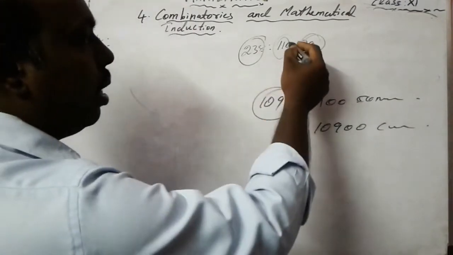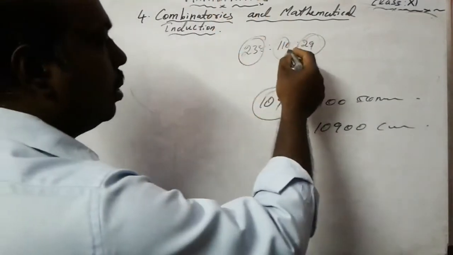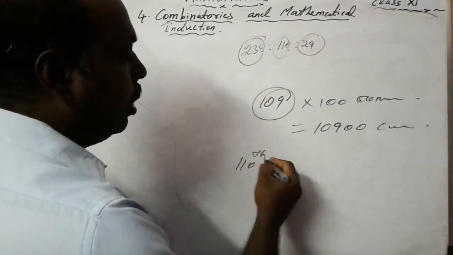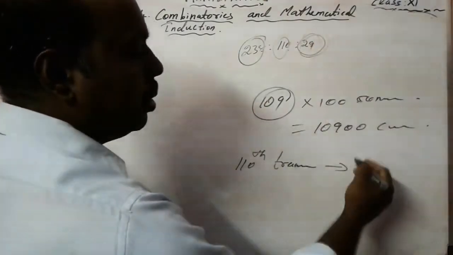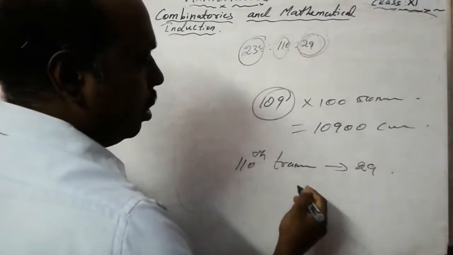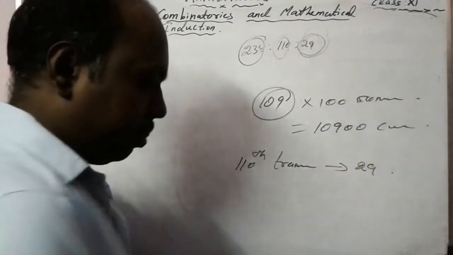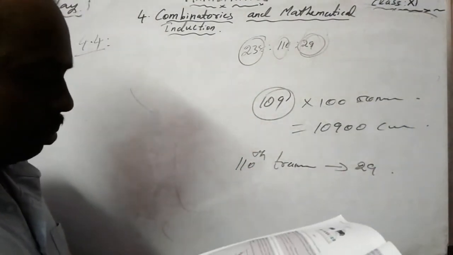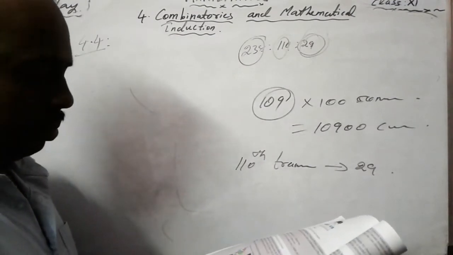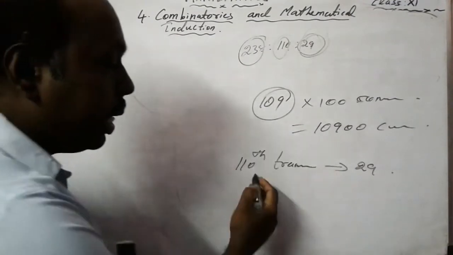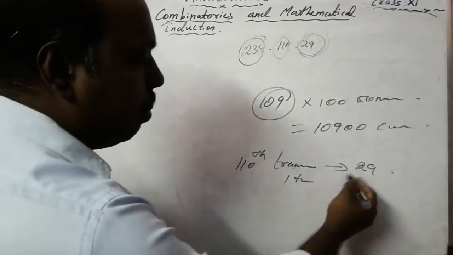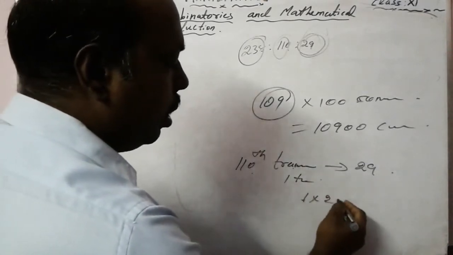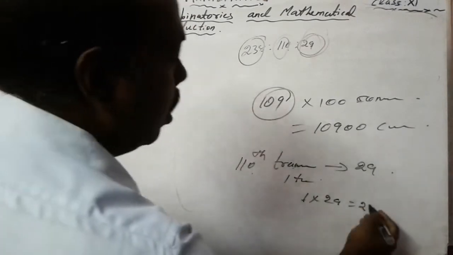And the remaining one transformer is there. So the 110th transformer links to how many consumers? 29 consumers. Am I right? That is one transformer, 1 into 29 equal to 29.